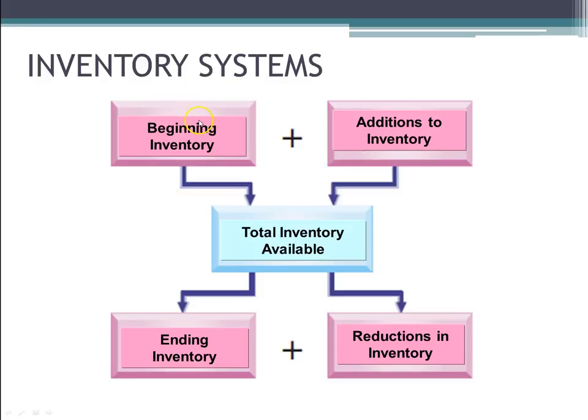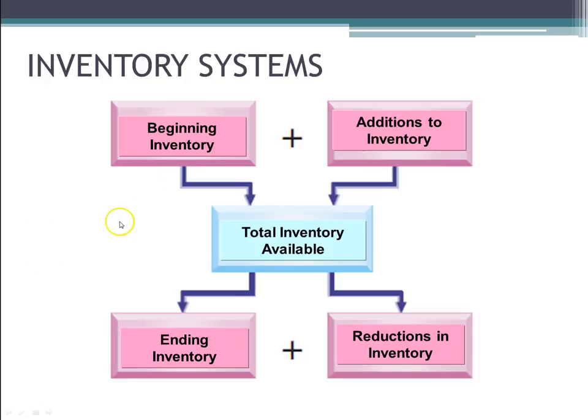And what it says is that whatever is in beginning inventory, if you add any additions, add those up and you will have the total inventory available for that period. If you subtract from that the ending inventory, what remains in ending inventory, you can very easily calculate the reductions in inventory, or vice versa. If you know what the reductions to your inventory were, you can very easily calculate what your ending inventory should be.